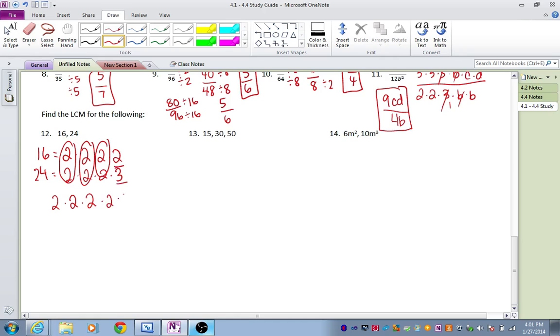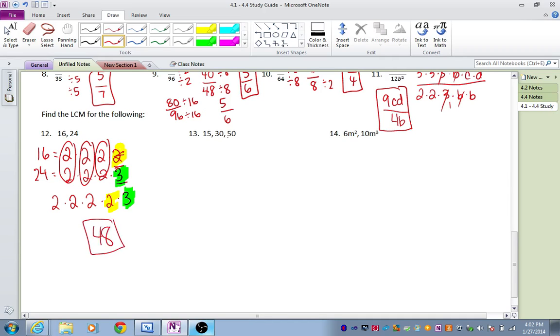So we have an extra 2 and an extra 3. So this 2 went right here, and this 3 went right here. Okay, we're just going to multiply everything together now. So 2 times 2 is 4, 4 times 2 is 8, 8 times 2 is 16, 16 times 3 is 48.